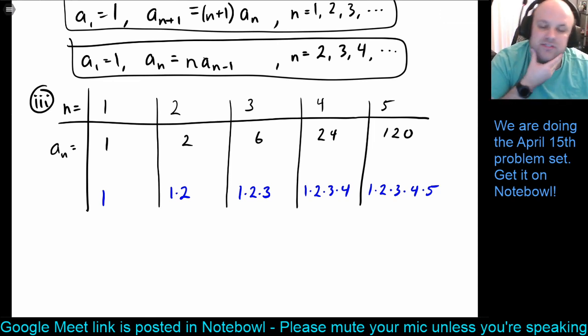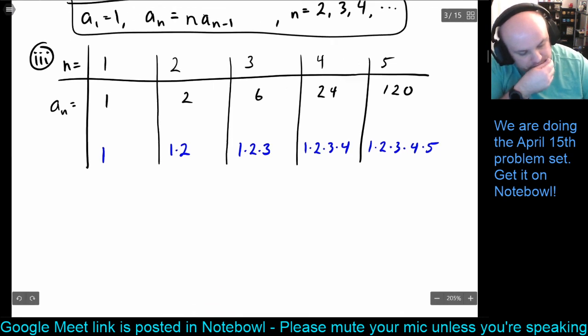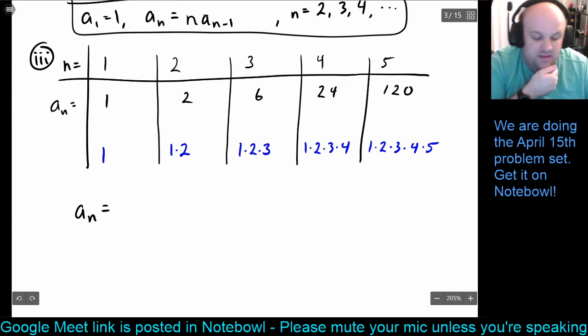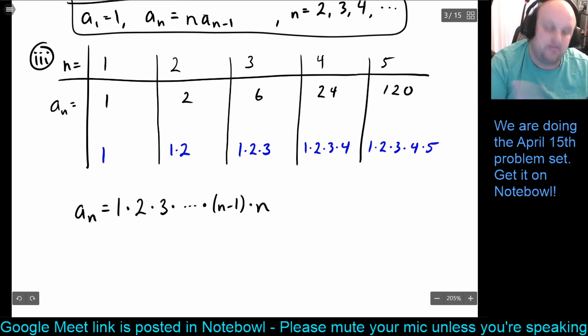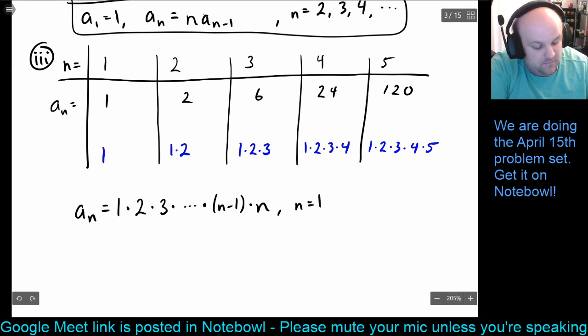So for each step of the sequence, what we're essentially doing is multiplying together all of the numbers starting from 1 up to whatever that index is. So a_n, the general term, we should expect to be 1 times 2 times 3 up to n minus 1 times n. Multiply all the numbers up to n.